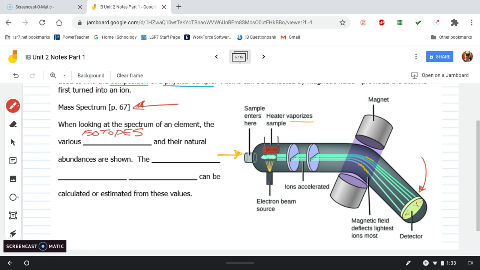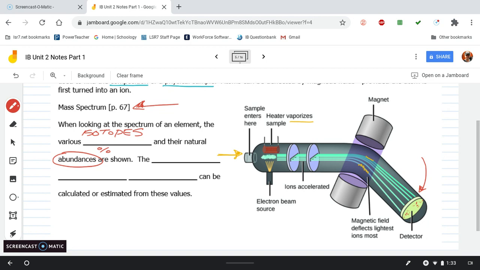So when we look at one of these mass spectrums, you're going to see the different masses, or different isotopes, and their natural abundances. You can look at them graphically, or there might be a percent. These abundances could be represented graphically or with a percent.